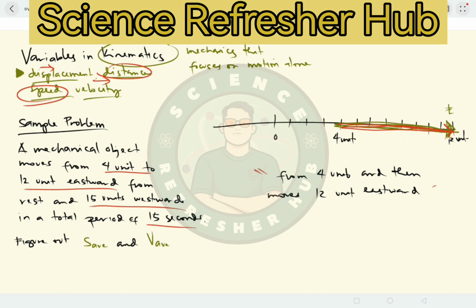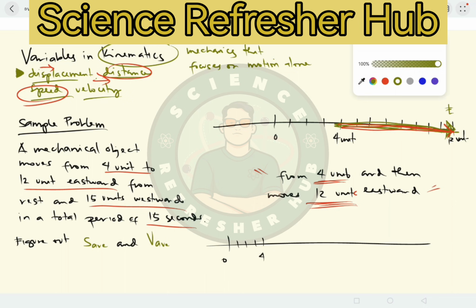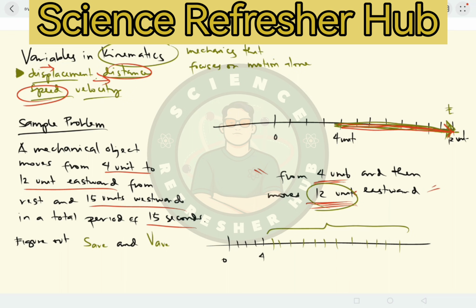But if the condition is from 4 unit and then moves 12 units eastward, it will have another interpretation. For example, this is 0, then 1, 2, 3, 4, from 4 units, and then moves 12 units eastward. So we need to count another 12 units eastward. We'll change the color. This is 1, 2, 3, 4, 5, 6, 7, 8, 9, 10, 11, 12, the additional 12 units going east.